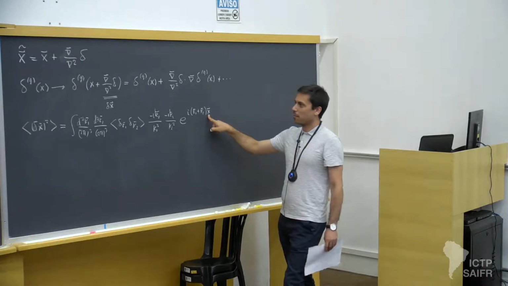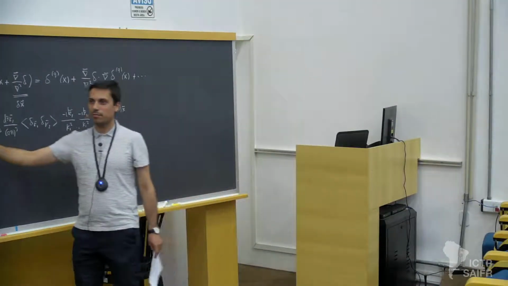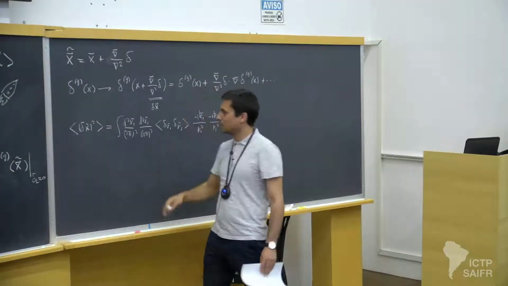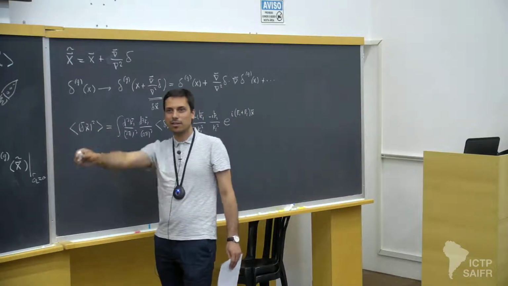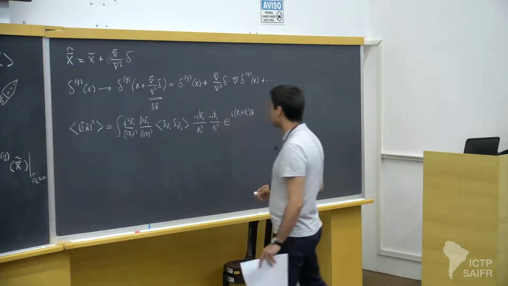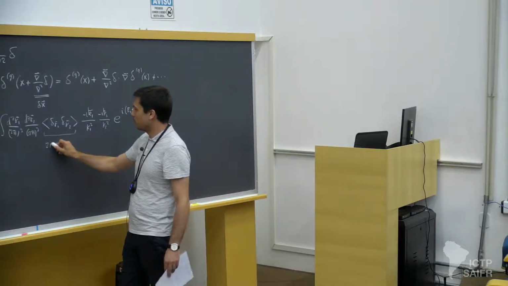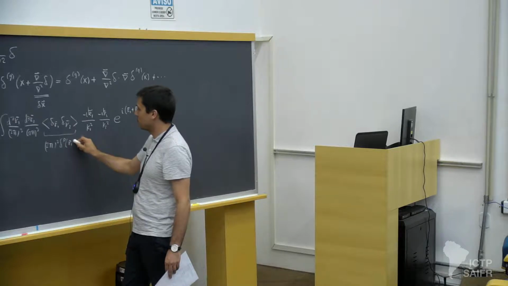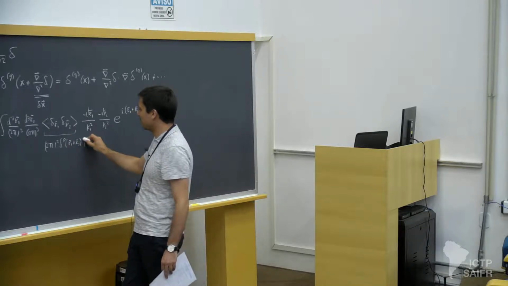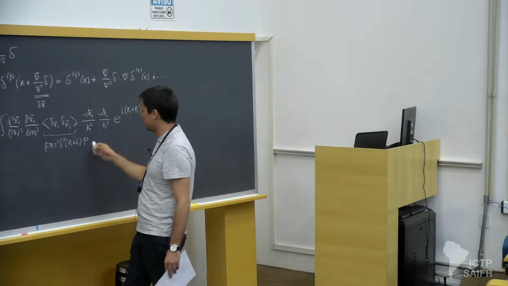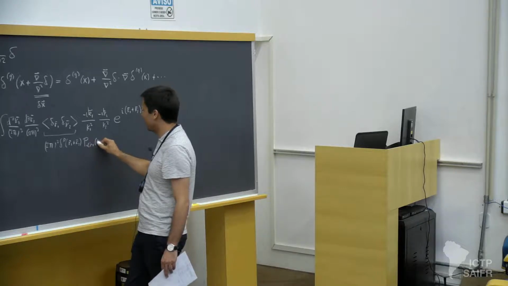This comes about because I'm calculating everything at the same position in space. I'm just calculating what is the typical displacement produced by the long modes. And now it's all very easy, because this thing here is 2 pi cube Dirac delta of k1 plus k2. We already did all these things for the density field, but anyway, p linear of k.